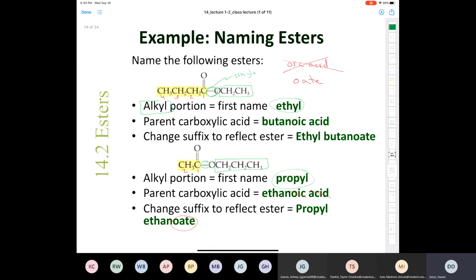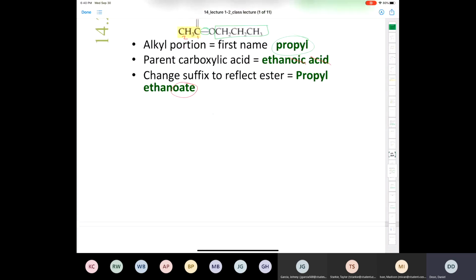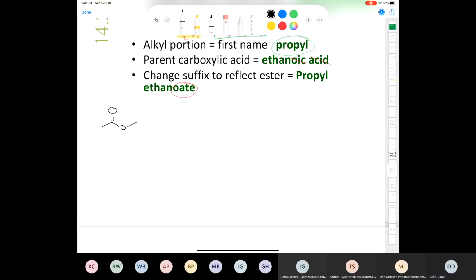Well, with that in mind, let's try some examples here. I'll draw a couple of compounds and you tell me if you can come up with the names. We'll just draw these 2 compounds. I'll give you a few seconds to see if you can come up with some names for these compounds.